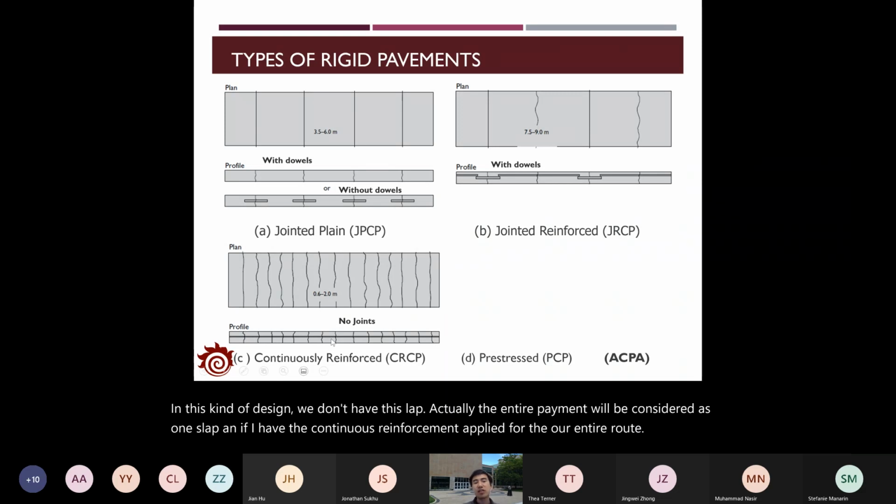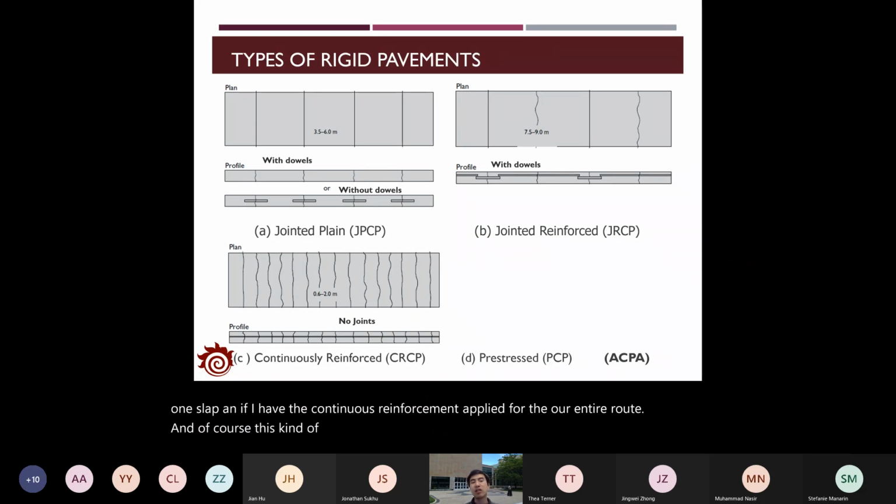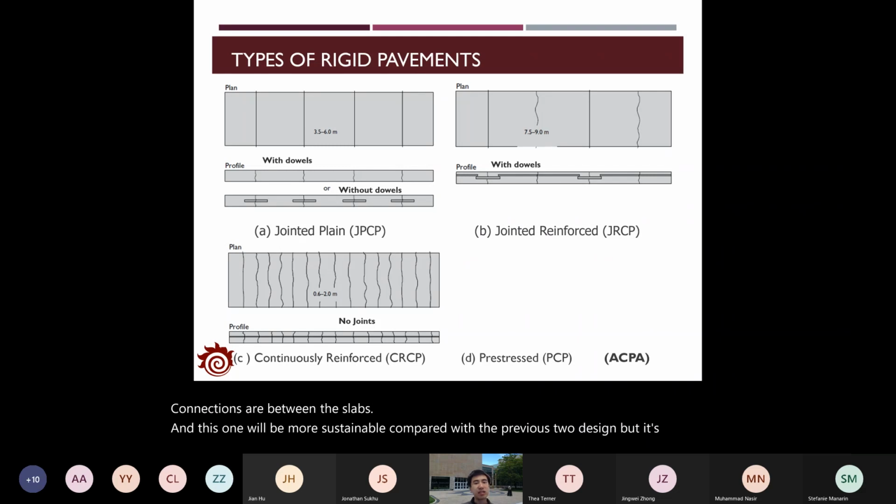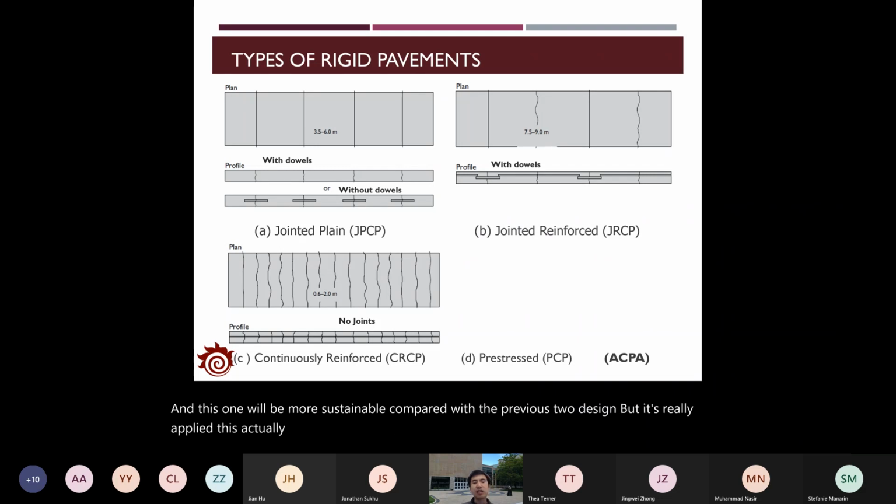And of course, this kind of design does not need any joint because it's one integrated system and does not have any connections between the slabs. This one will be more sustainable compared with the previous two designs, but it's rarely applied. This design is applied in the US and Europe, but it's rarely applied in Canada.